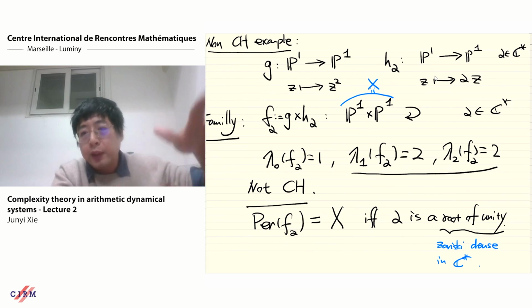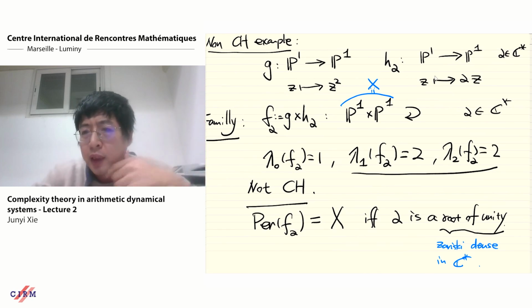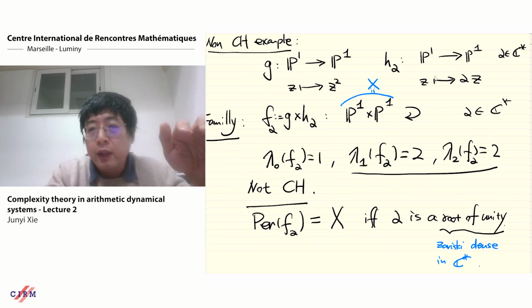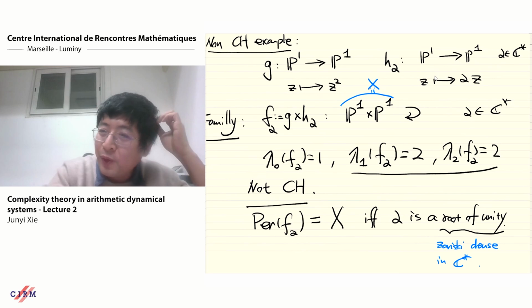So you show that in the generic fiber you can still have a lot of periodic points. So I think the example is constructed like this, and in this construction there is no reason it preserves some fibration. But if you want to show that they actually do not preserve any fibration, I think this is quite not so easy.